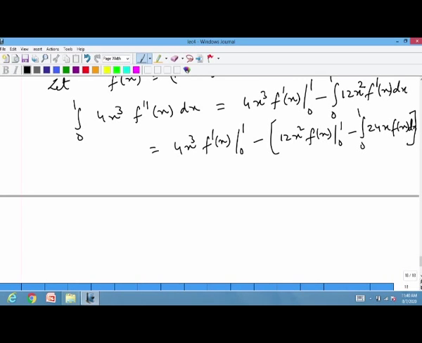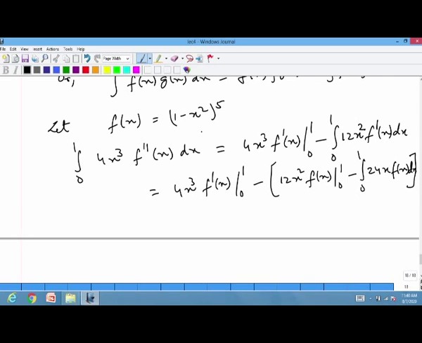Now, since f(x) is equal to (1 minus x squared) to the 5, what is f'(1)? This will be equal to 0, because you can differentiate this and then put x equal to 1, and you have a factor of 1 minus x squared. So, that will be equal to 0.